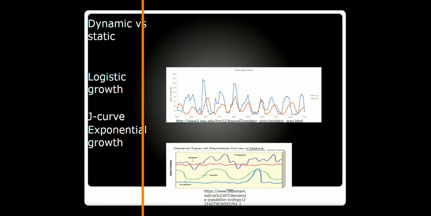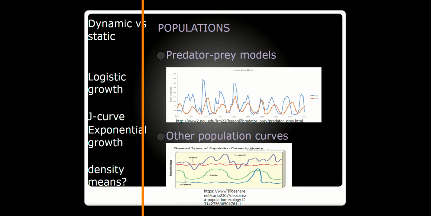We've gone through logistic growth, we've gone through exponential growth, but nature is not that simple. So we do have predator-prey models and other types of population curves, and if you look at the hare and the lynx data here, the hare is in blue and the lynx is in red. It appears that as the hare population goes up, those are bunny rabbits, and the lynx are the predators that eat them.